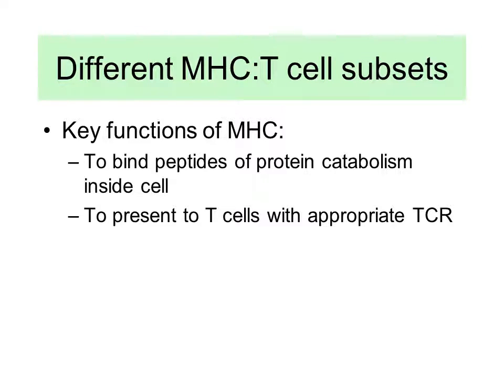I repeat, these MHC molecules are so important that nothing will get you an immune response, nothing will pass as a signal to make antibodies or any effector response unless and until it is presented in context with MHC.